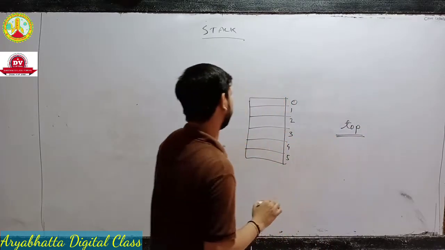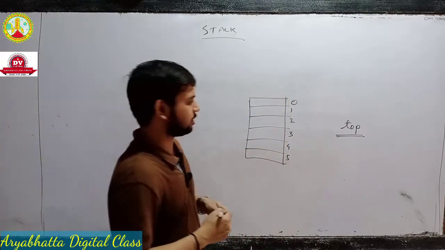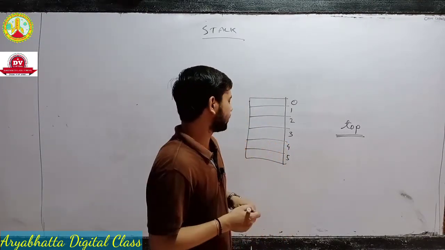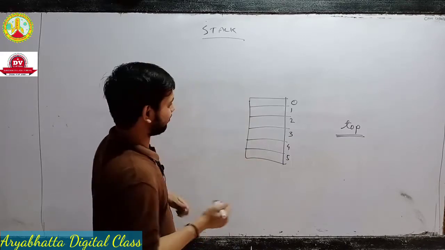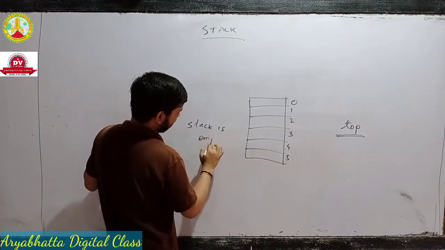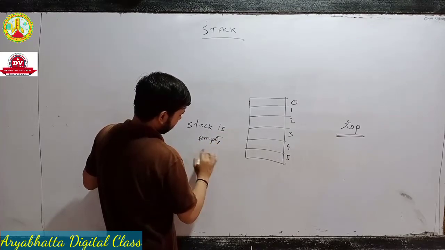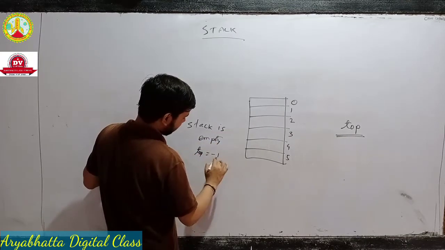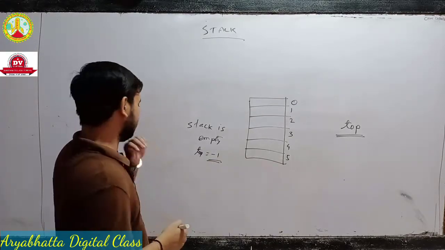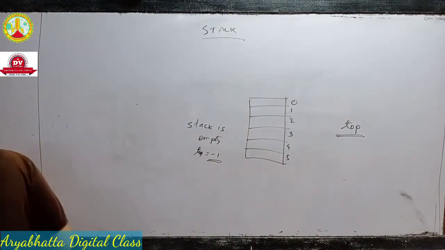Only one end where insertion and deletion will all happen. That end will be called top. When the stack is empty, then top will be what? -1. -1 means your top is blank, which means your stack is blank.